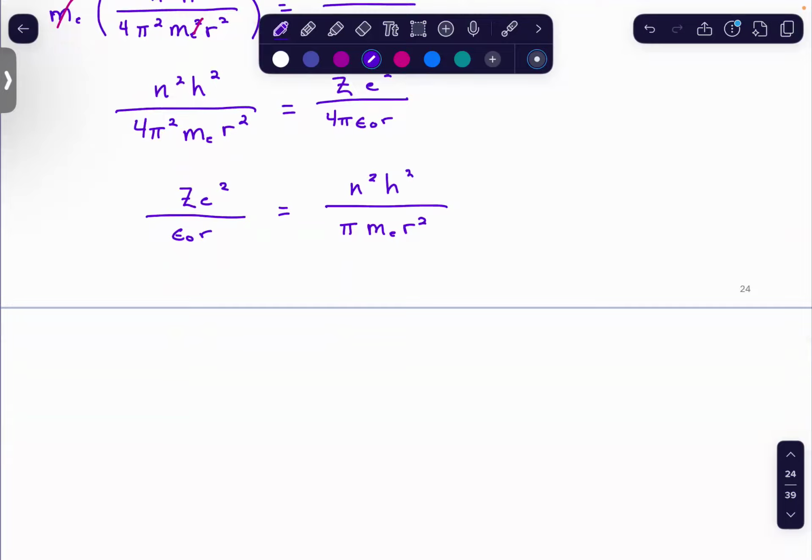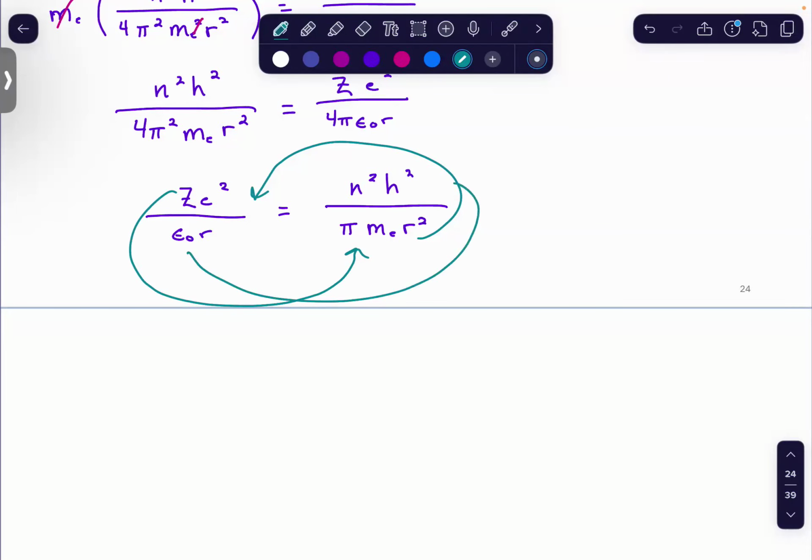And so then I'm going to multiply through by r squared. I'm going to move things around. I'm going to multiply through by r squared, so that's going to come over here. Your z e squared is going to divide through over here. Your epsilon 0 is going to multiply through up to here.